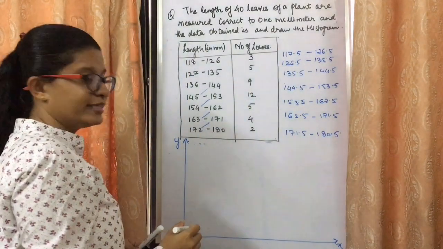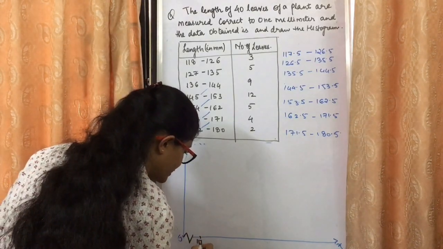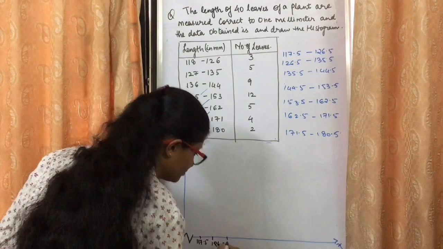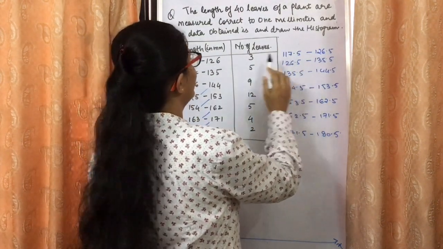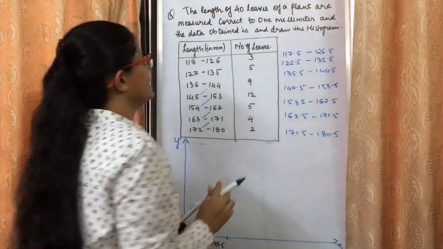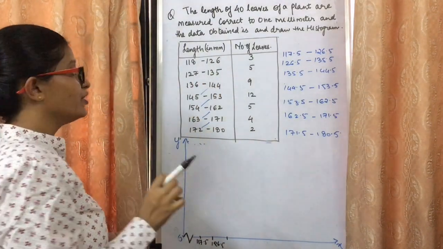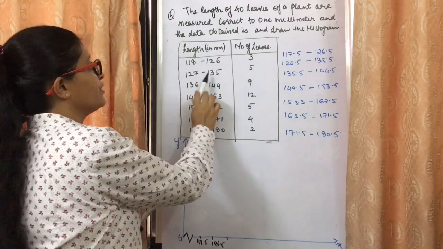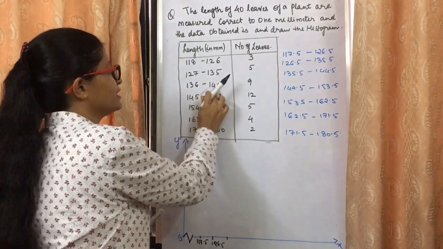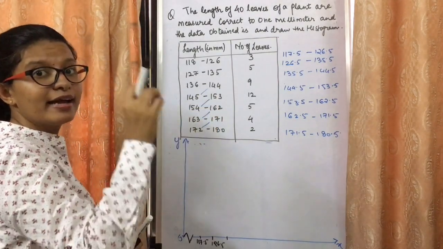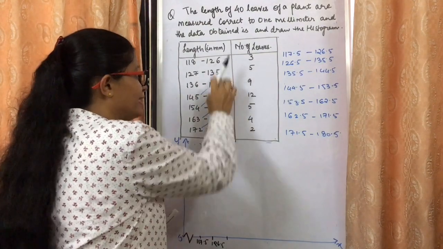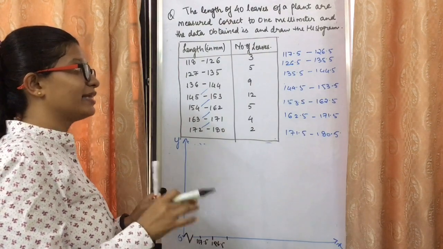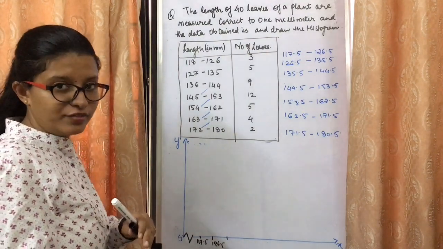Where does it start? 117.5 to 126.5. And you must have noticed one more thing: the difference between 118 and 126 is 8, and that remains constant. The difference from 127 to 135 is 8, from 136 to 144 is 8. That is called the class size. So the class size remains the same. That is one more important benefit. If the class size is not the same, then we need to apply a different strategy.